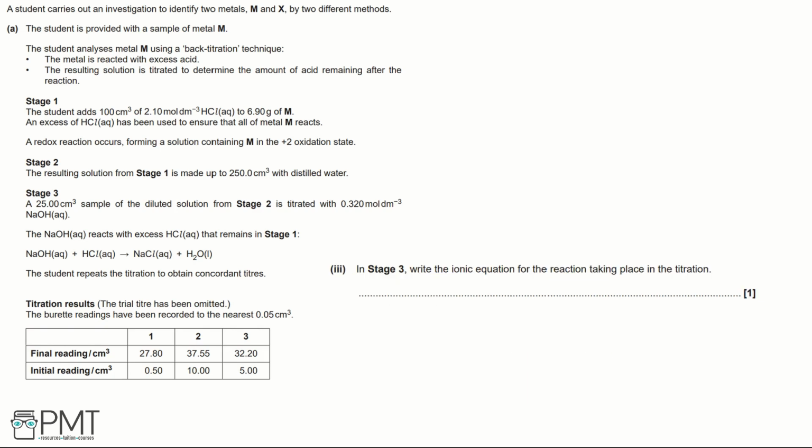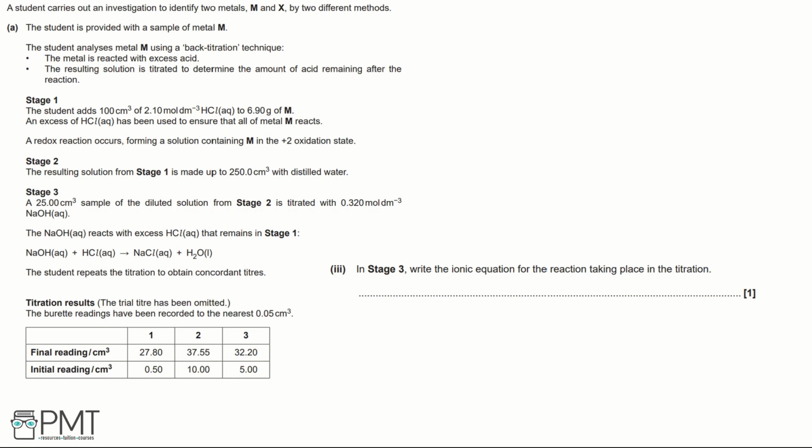Part 3. In stage 3, write the ionic equation for the reaction taking place in the titration. So if we take a closer look at stage 3, here is the equation for stage 3, and we've got a base, which is our sodium hydroxide, reacting with an acid, which is hydrochloric acid, and that's producing a salt and water.